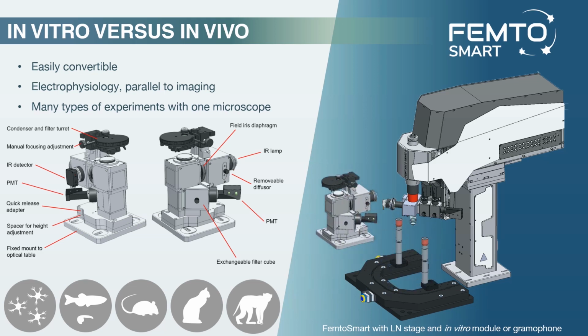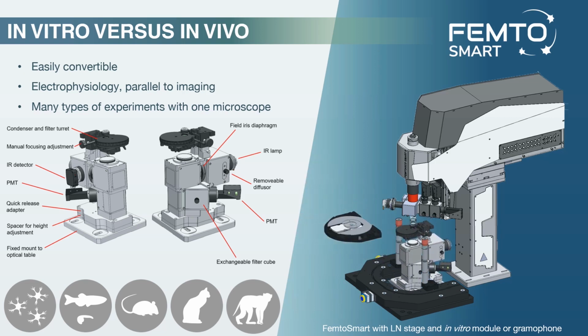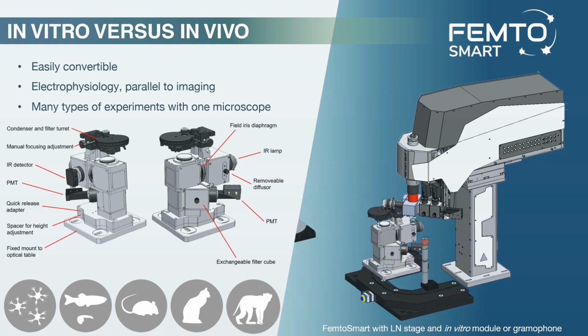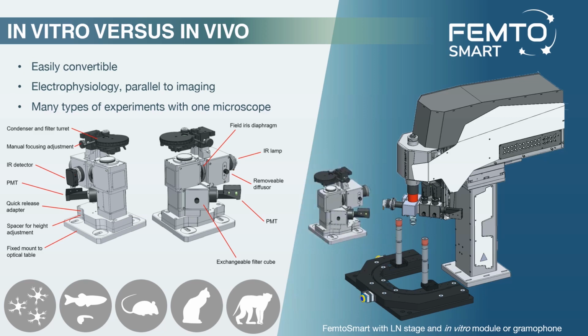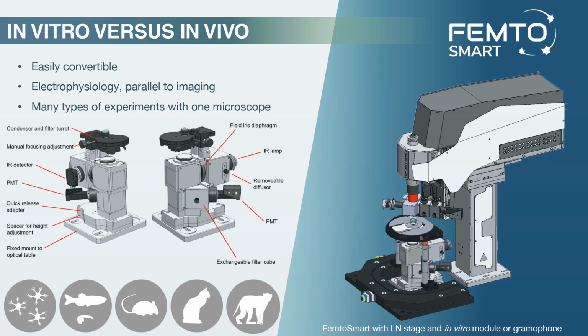As one can assume, it can be surrounded by manipulators to perform electrophysiology parallel to imaging. Converting the system between the in vitro and in vivo modes, or vice versa, is fairly quick. You only need to screw the in vitro platform on or off from its fixed position under the objective. Of course, you will need to set the transmitted infrared light path for optimal illumination and contrast. This way, one system can be used for any animal model in vivo and also for tissue sections from their organs.